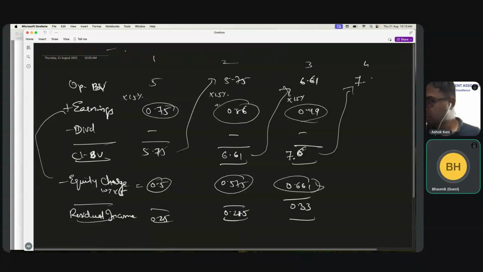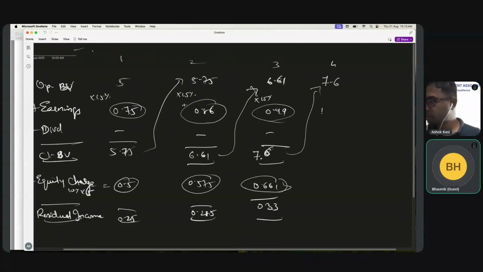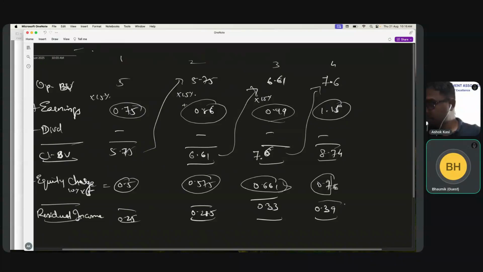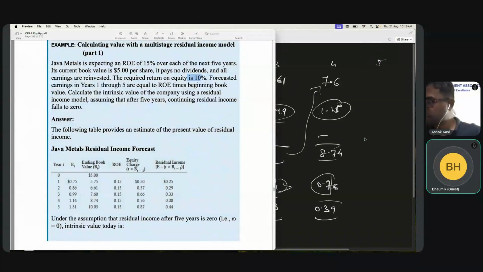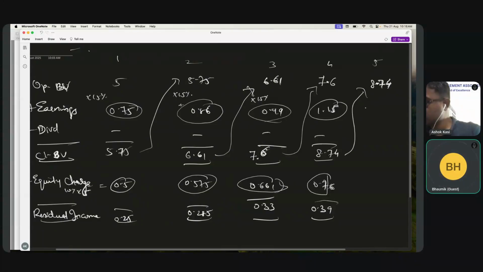Then the fourth one: 7.6, 15% of this is 1.14. 7.6 plus 1.14 is 8.74. Equity charge is 0.76, and the residual income is 0.39. Then 15% of 8.74 is 1.31.